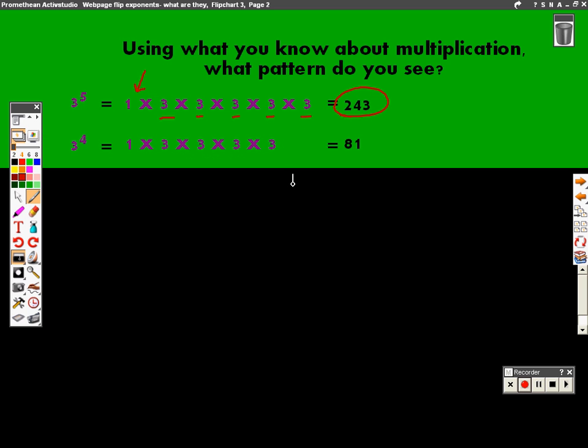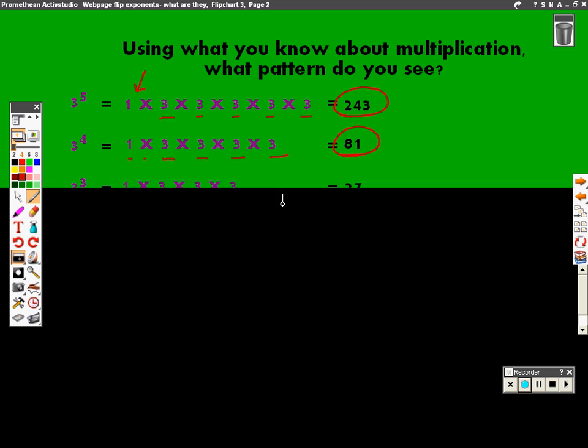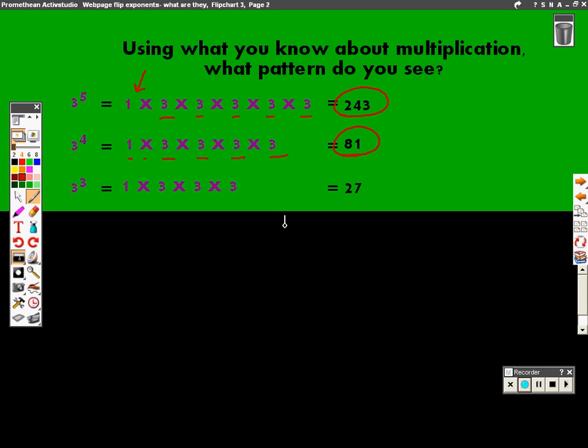Here's 3 to the fourth, and once again we have 1 times 3 times 3 times 3 times 3, which is 81. Once again, that 1 is there, and as you know, the identity property of multiplication tells us that 1 times any number does not change the value of that number. That's why I can put that 1 there.